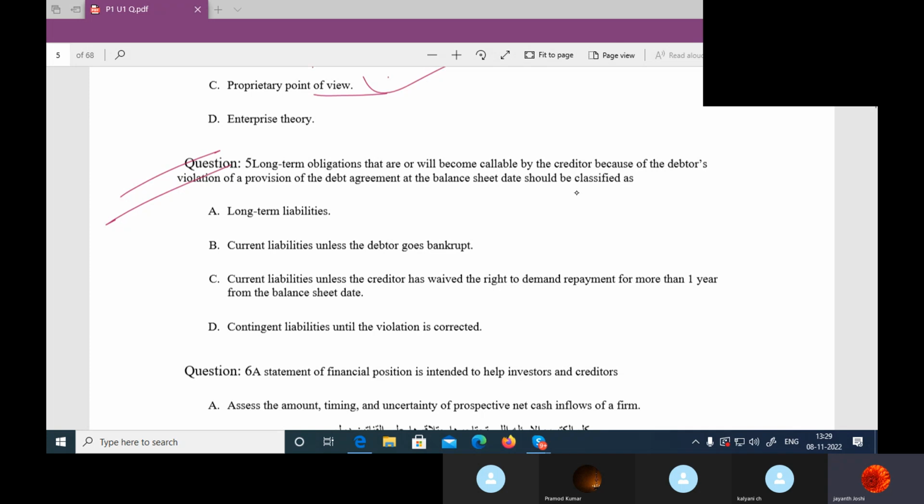If he is repaying within a year, it will not be called long-term liabilities. So current liabilities, until the creditor has waived the right to demand repayment for more than 1 year from the balance sheet date. If he tells you that you can make the payment after 1 year, then it's okay. But if he is demanding the money within 1 year, it will be called what? Current liabilities, correct.